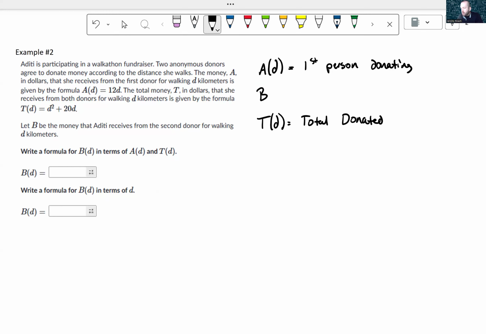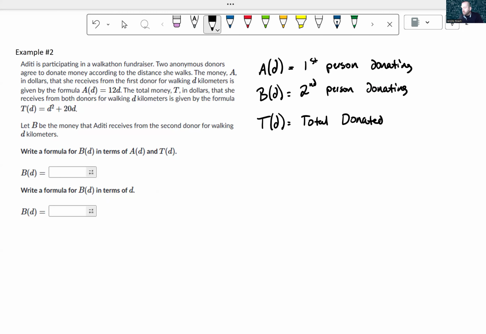And B of D is the second person's donation. And it wants us to write a formula for B of D in terms of A and T.